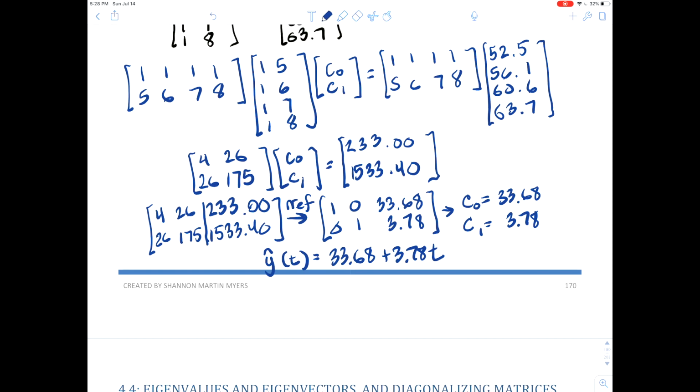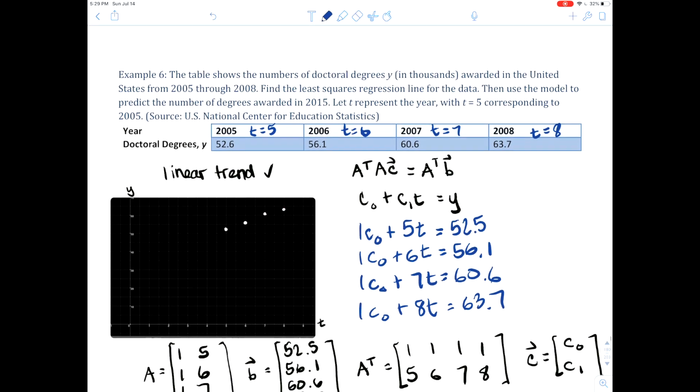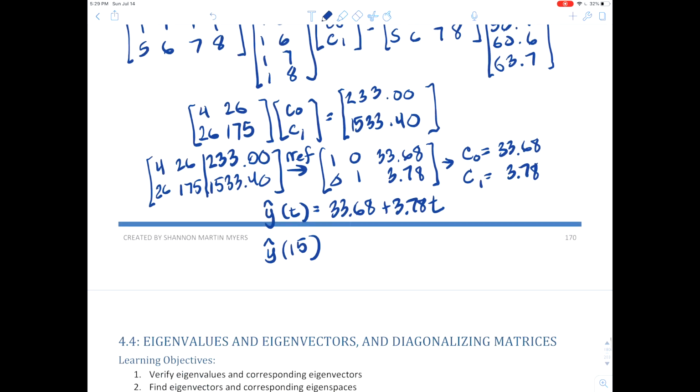And if we evaluate y hat at 15, because that was the second question, right, for 2015, then it turns out we get 90.38.